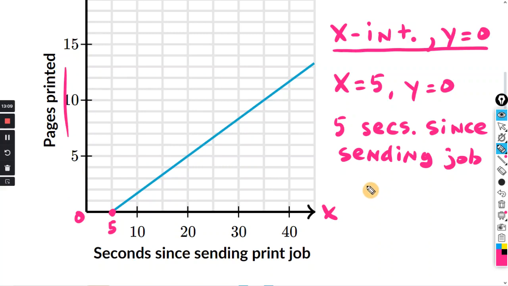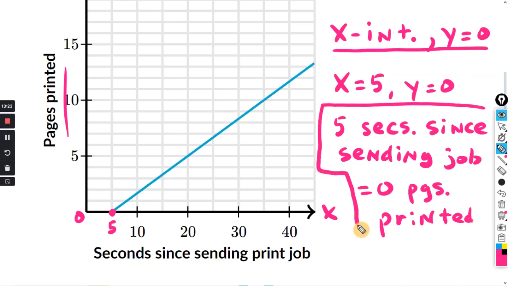So 5 seconds since sending the print job equals 0 pages printed. That is the translation right there. Notice I got the answer before looking at the choices, but the choice should represent that answer.